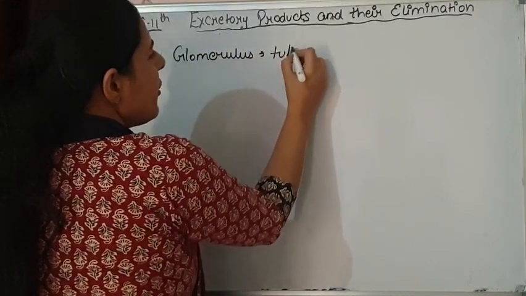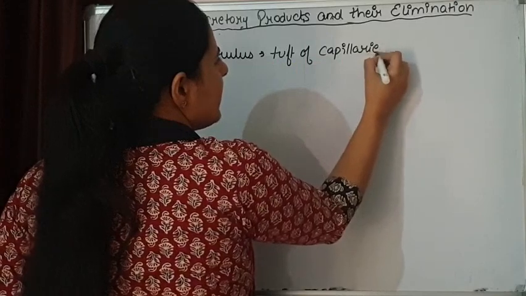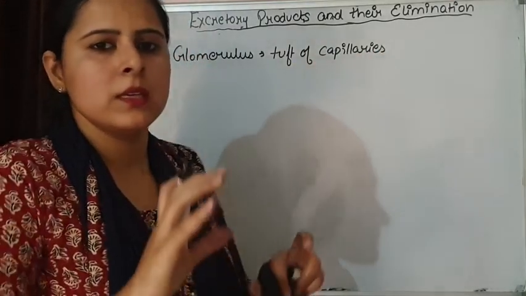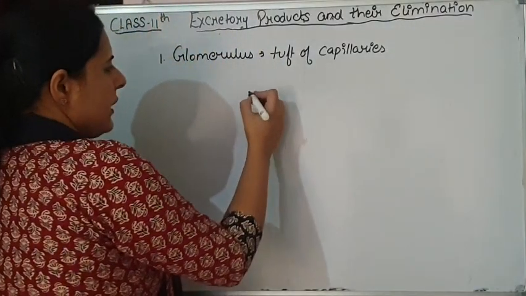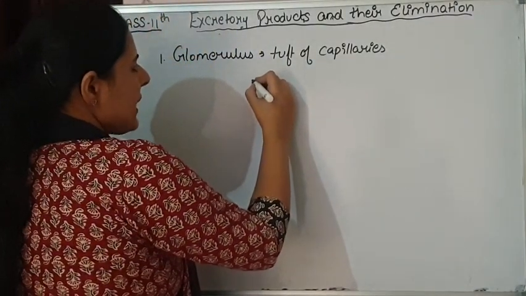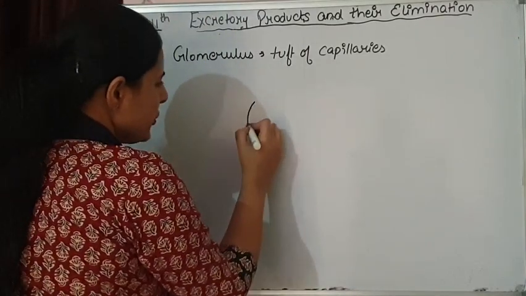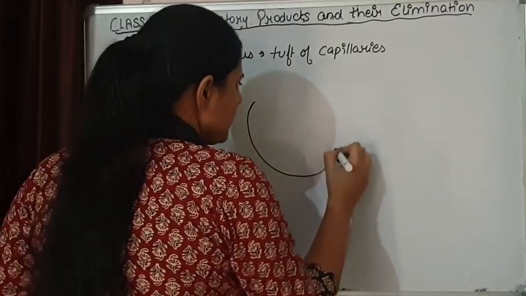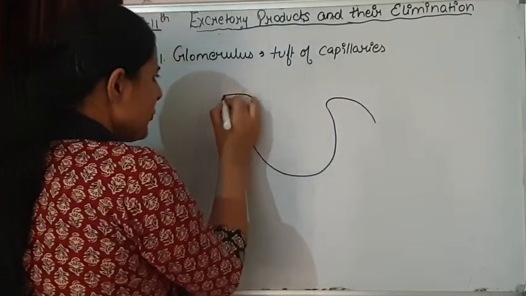Glomerulus is a tuft of capillaries. It is a structure in which various capillaries are present. If we see both Bowman capsule and glomerulus together, let me make a diagram that is showing you both. This cup-shaped structure is made up of two membranes.